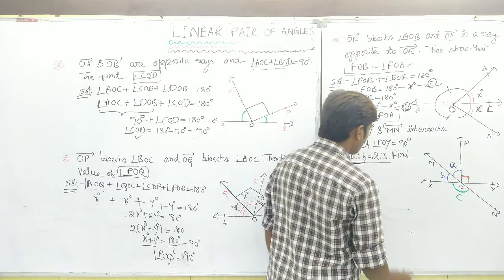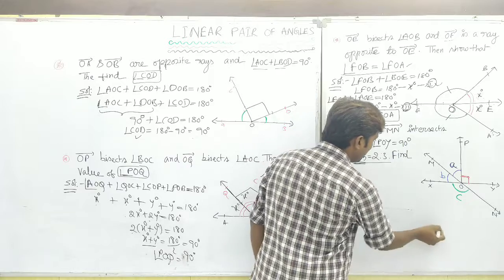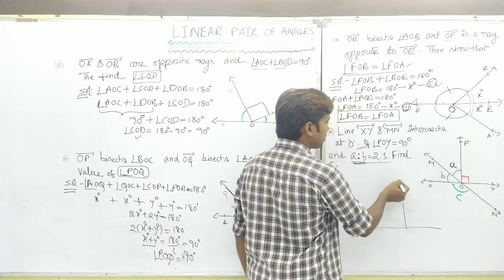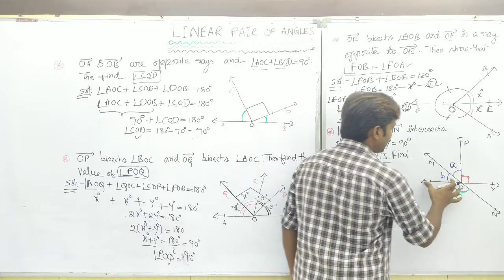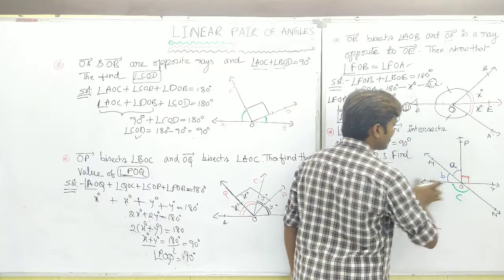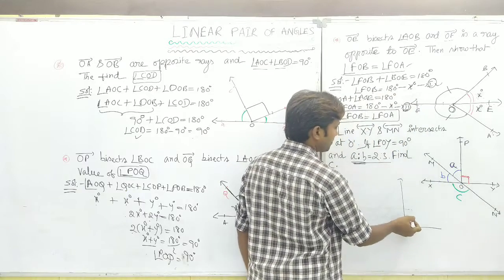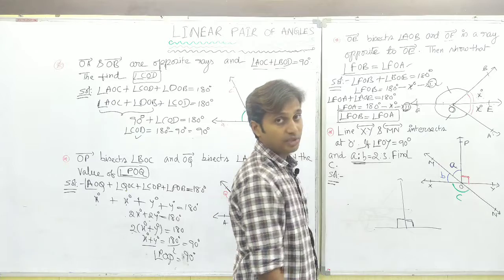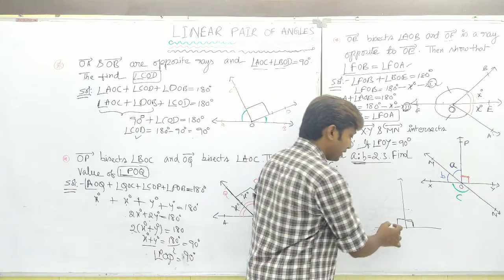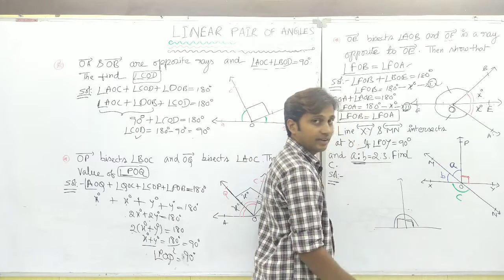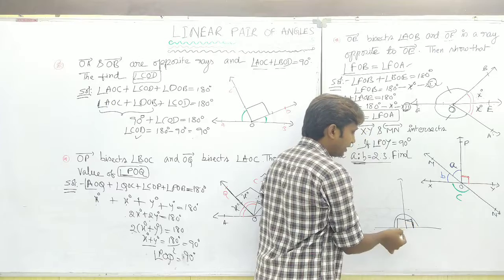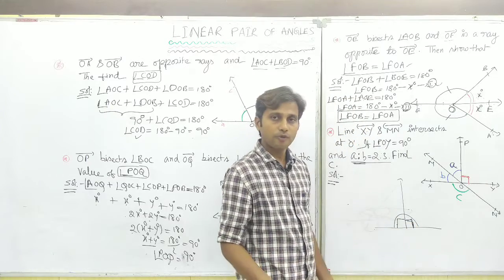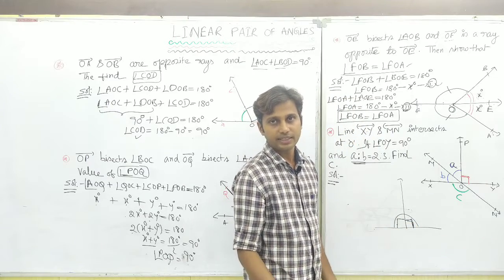Just see, I am asking you just one question. When we draw a perpendicular to a straight line, since these are oppositely directed rays, this is a straight line. So if this is making 90 degrees, on the other side also it will make 90 degrees only. Why? Because this entire part is 180. When one of them is 90, the rest will obviously be 90 degrees, 180 minus 90.